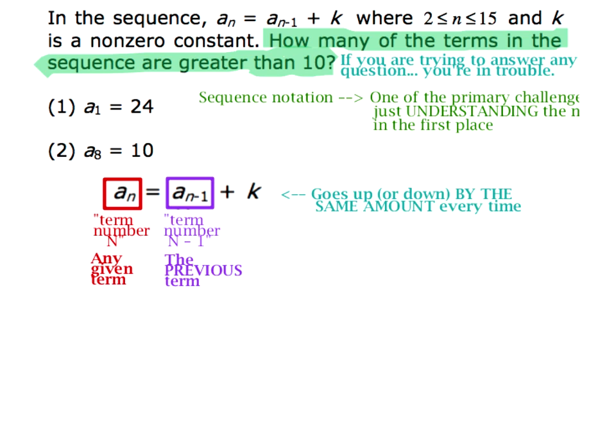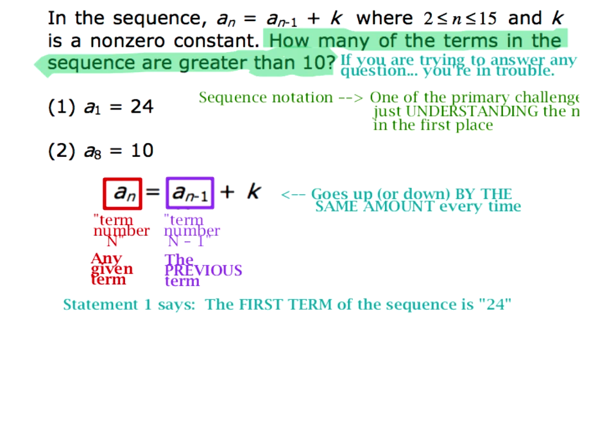So statement one says that the first term of the sequence is 24. Remember what we're trying to do: if we can get two different answers to this question, then that's not sufficient. And if we're stuck with one answer to this question, then that's sufficient.